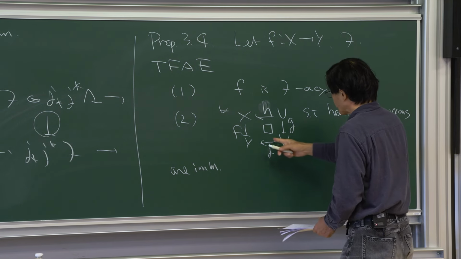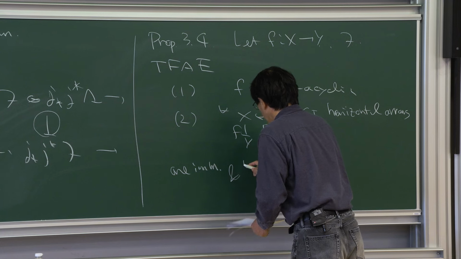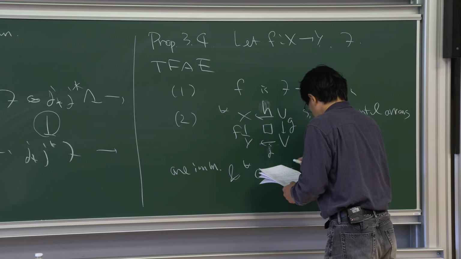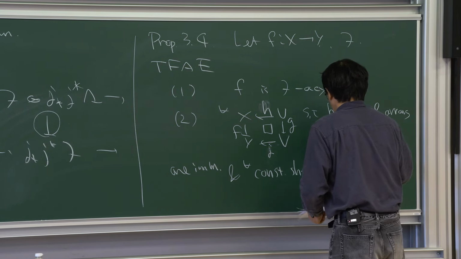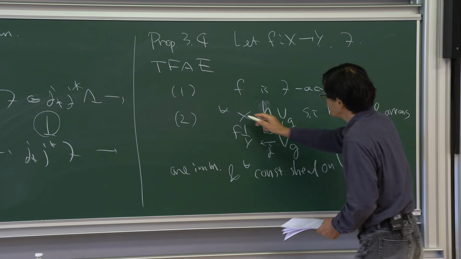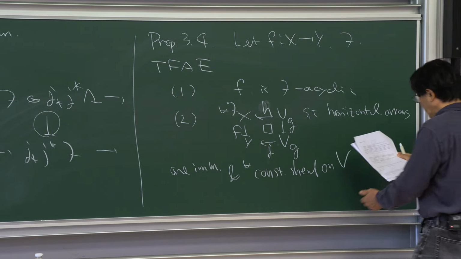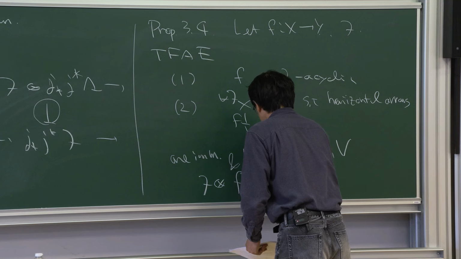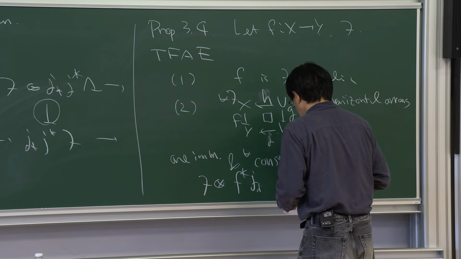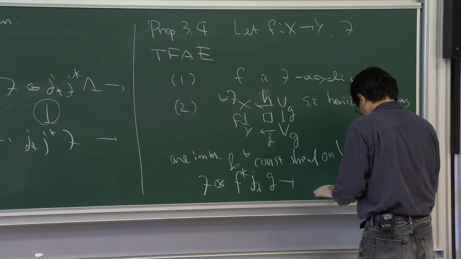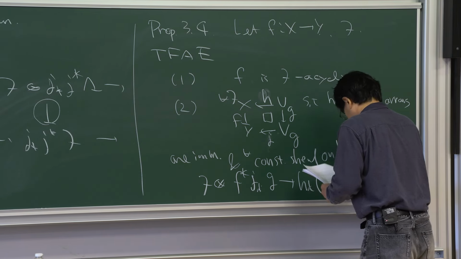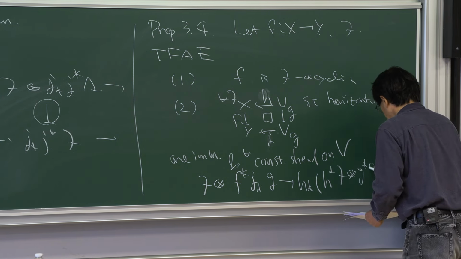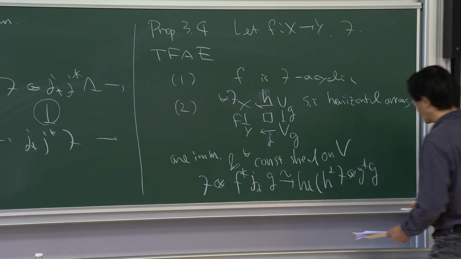For any commutative Cartesian diagram like this, and for any constructible sheaf G on V, so F is here and G is there, the morphism F tensor F* J* G to H* F, a canonical morphism like this, is an isomorphism.